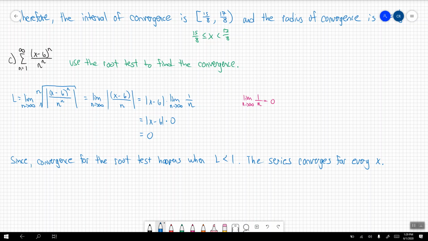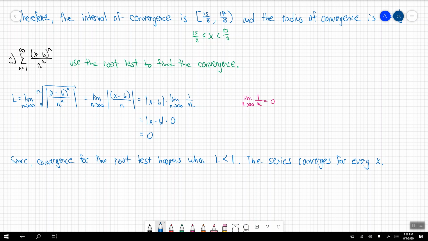The x value does not matter. This will converge regardless of what x value we choose. Therefore, this limit is in fact 0, and by the root test, since 0 is less than 1, it's going to converge for every x.